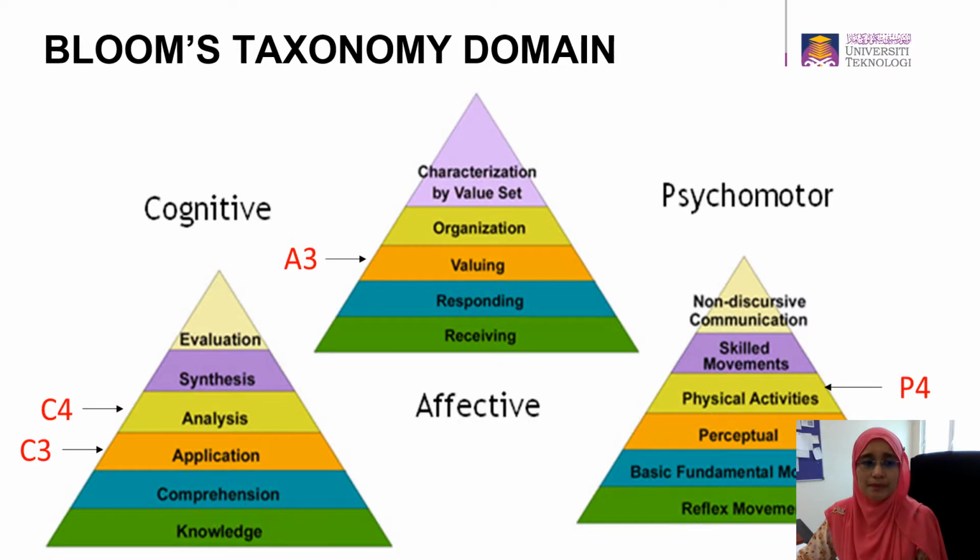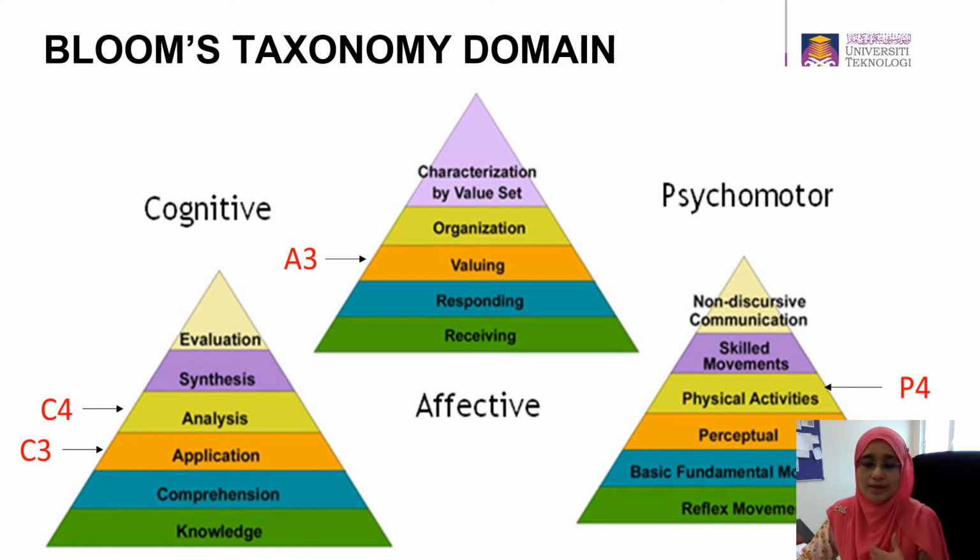Okay, so we have here Bloom's taxonomy domain. This is how you are going to be assessed according to the course learning outcome. C stands for cognitive. So C3, the level here states application. How you are going to be assessed for application is that you are going to learn the theories throughout the semester from chapter 1 until chapter 8.